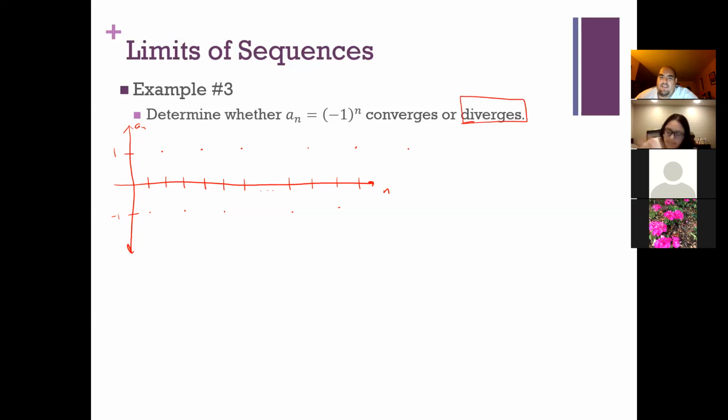So one thing to keep in mind, and I'll go ahead and write this in: if a sequence, I'll call it a sub n, converges, then you are telling me this: the limit as n approaches infinity of a sub n exists.